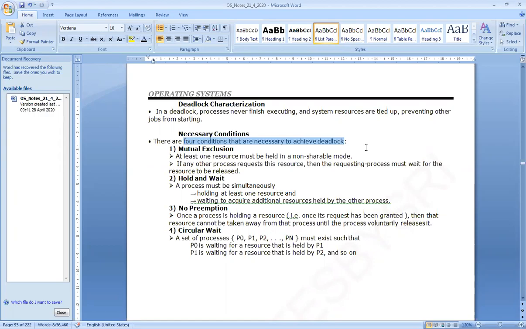mutual exclusion. What does mutual exclusion mean? We already studied mutual exclusion. When one process wants to communicate or exchange information with another process synchronously, that is called the mutual exclusion condition.